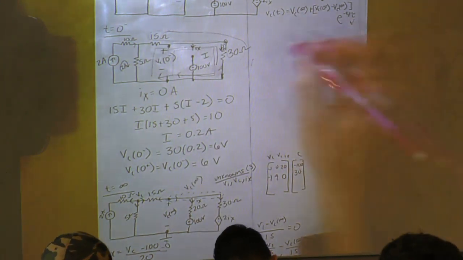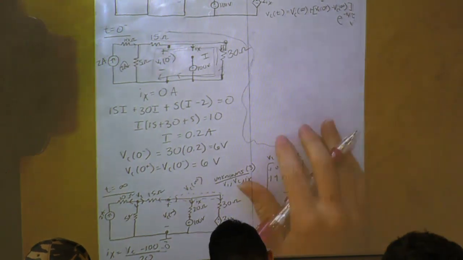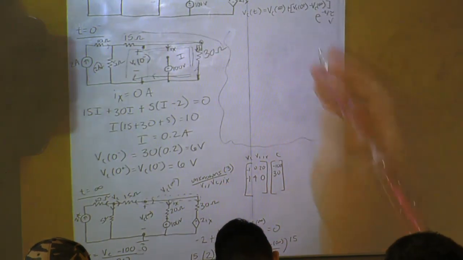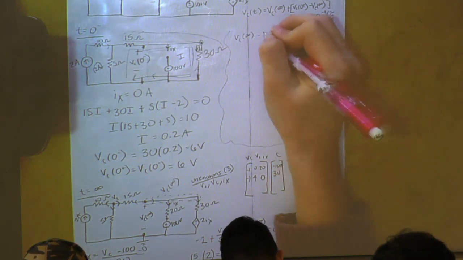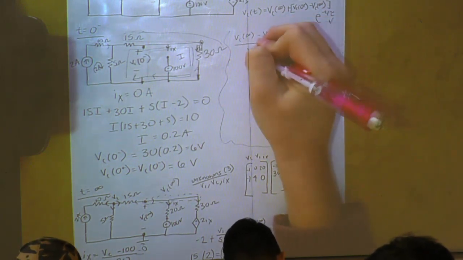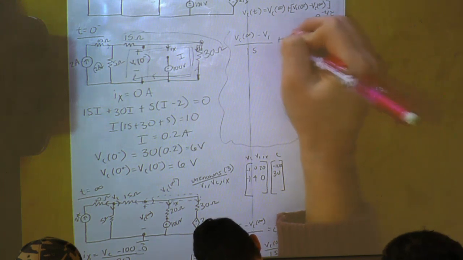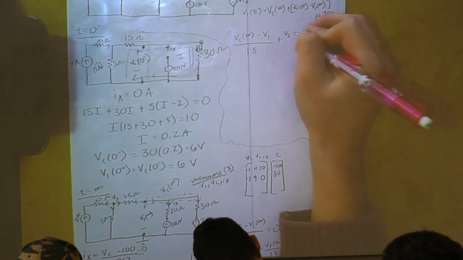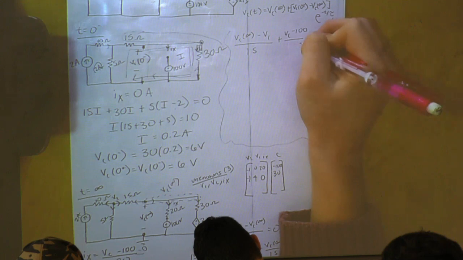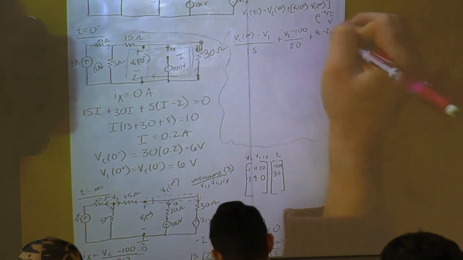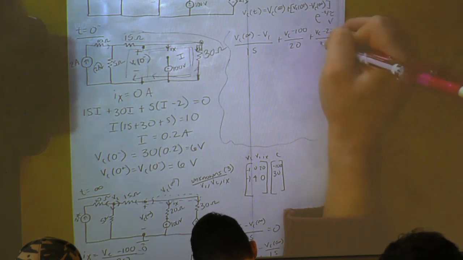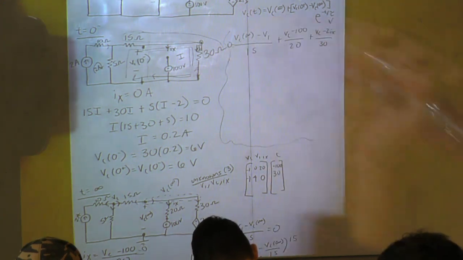We'll do (Vc of infinity minus V1) all over 15 plus (Vc minus 100) all over 20 plus (Vc minus 2Ix) all over 30. This is all equal to 0.